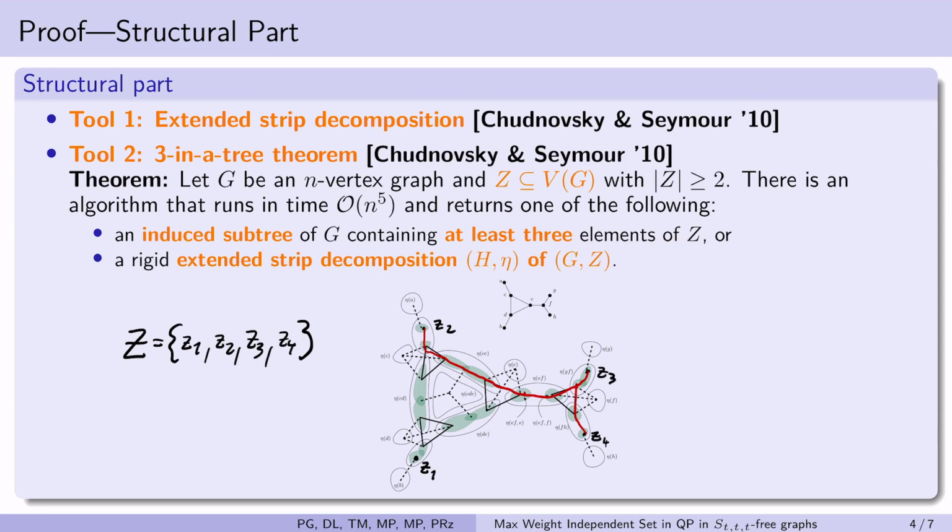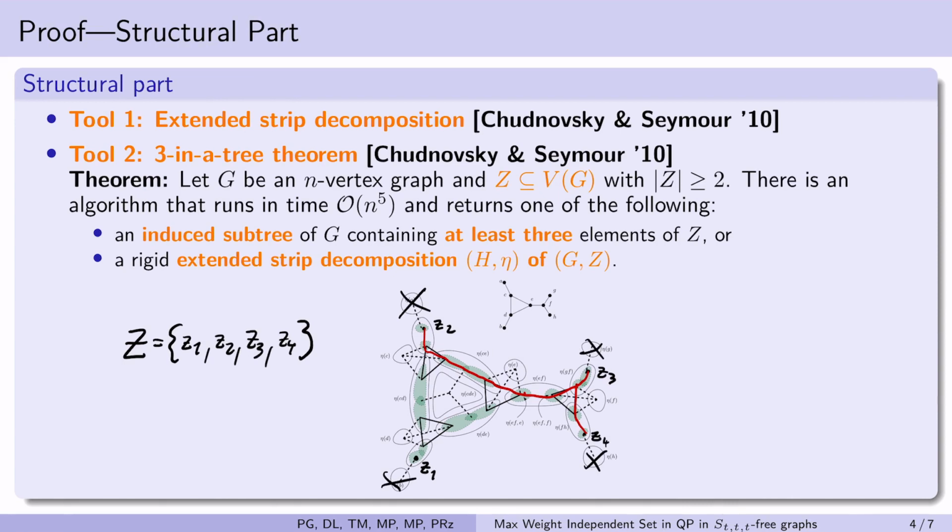In that case, Chudnovsky and Seymour return a certificate that no such triple of vertices of Z admits an induced subtree on them. And this certificate is actually an extended strip decomposition with an additional property of placing those vertices of Z into leaves of H. They will be the only elements in those leaves of H, and nothing will be in the vertex bags of those leaves, so those will be empty, in fact.